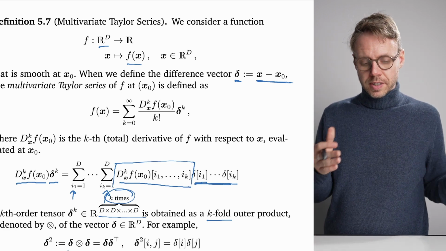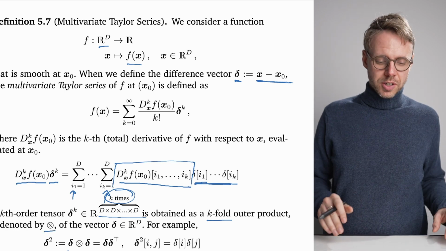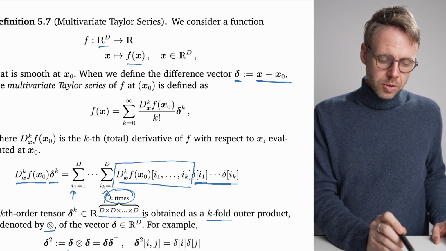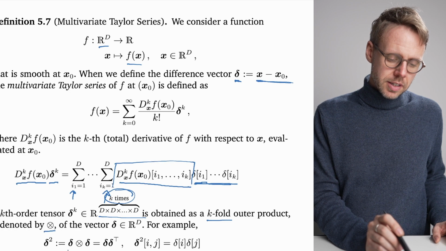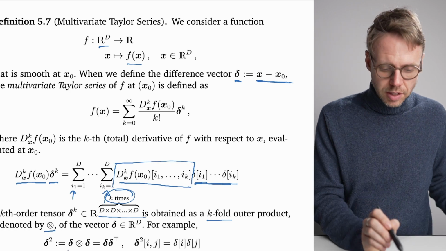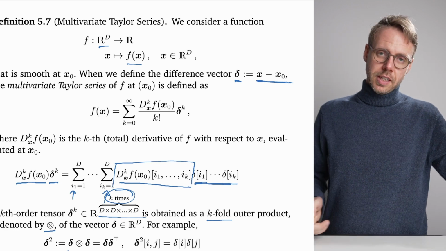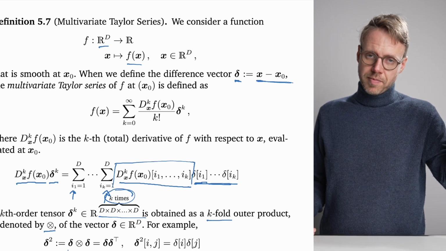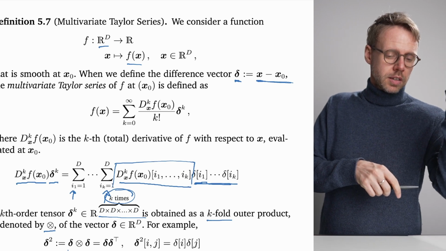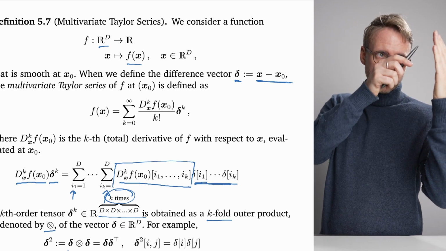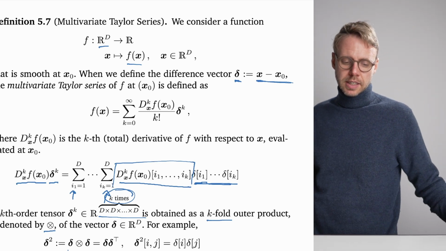You can denote this outer product using this cross in a circle. So, for example, the square is the outer product of delta with itself, which equals, well, if delta is a column vector with d entries, then you take this d times 1 vector and multiply it with its transpose, which is a 1 by d vector.